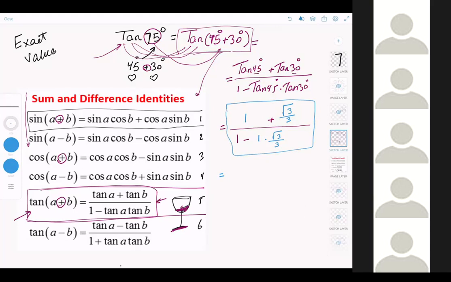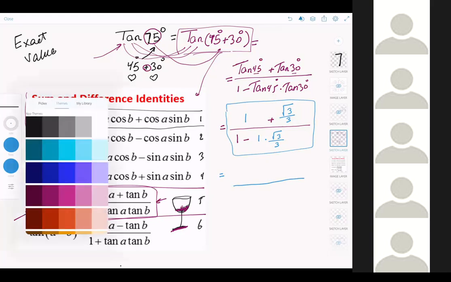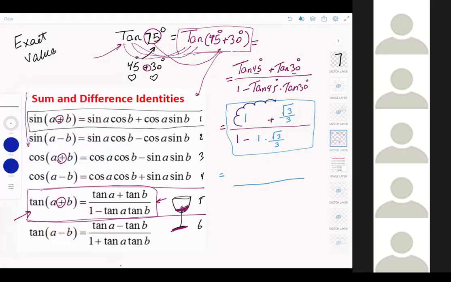So there is a fraction line. We need to simplify top and bottom. 1 plus root 3 over 3. This is 1 over 1. We find the common denominator 3. It will be 3 plus root 3 divided by 3.